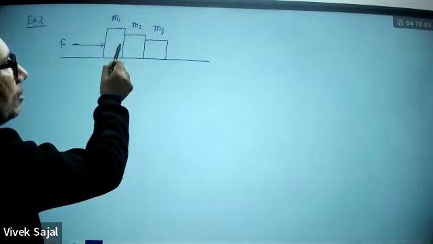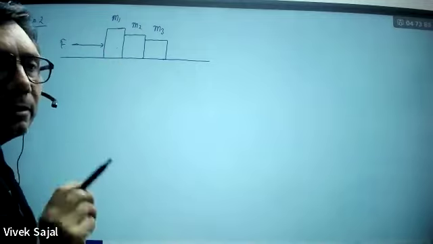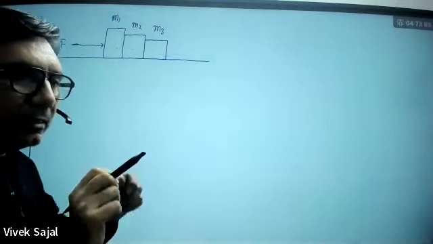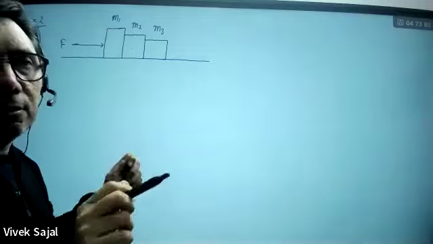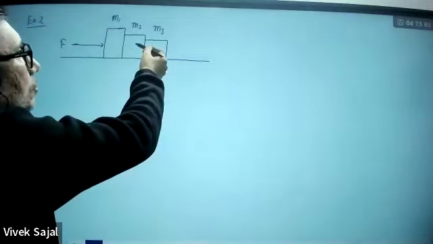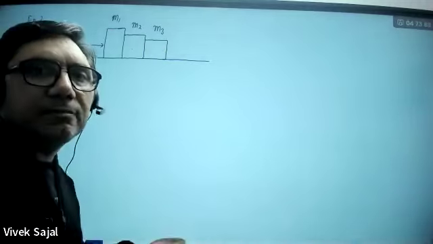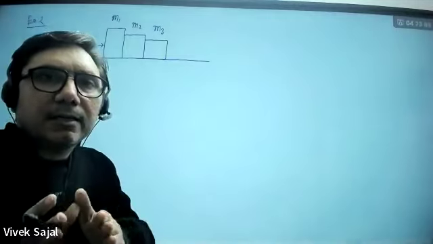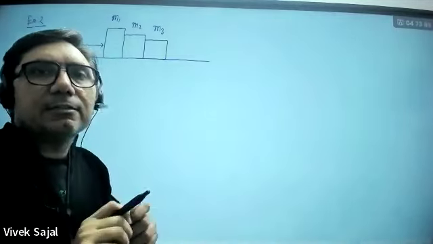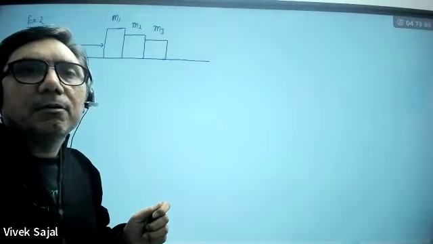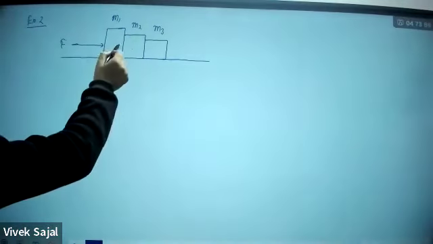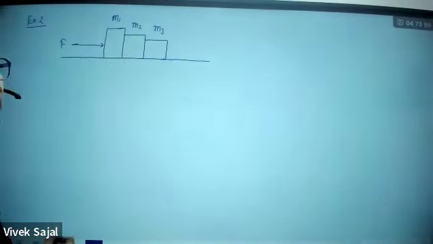Here, the first block and second block are in contact with each other, so they are exerting normal reactions on each other. Similarly, blocks 2 and 3 are in contact with each other, so they are going to apply normal reactions on each other. So first you have to find out those normal reactions.